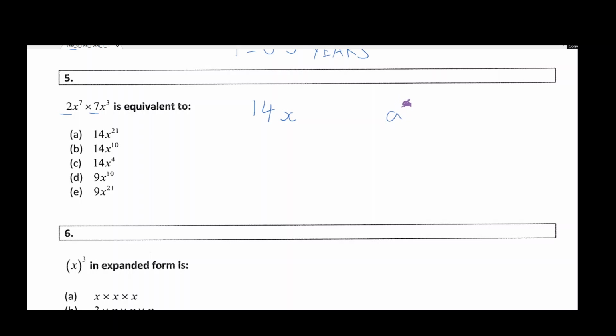So a to the m times a to the n equals a to the m plus n. When you multiply the bases together, you add the indices. So here we've got 7 plus 3, and that equals 14 x to the power of 10, which is B.